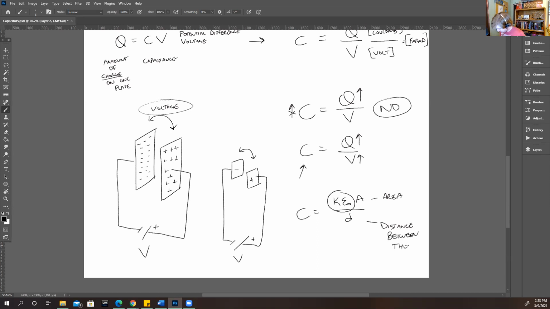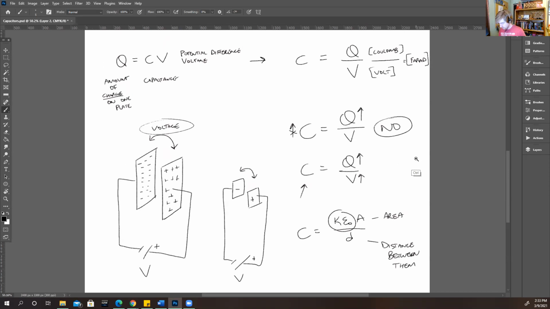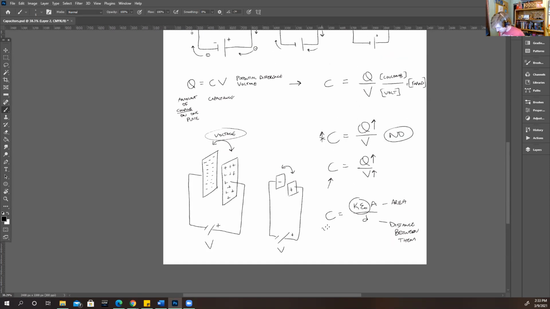Okay, so in order to get a larger capacitance, we would need to have a differently shaped or differently arranged capacitor.